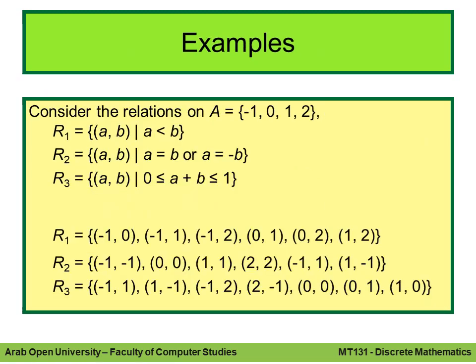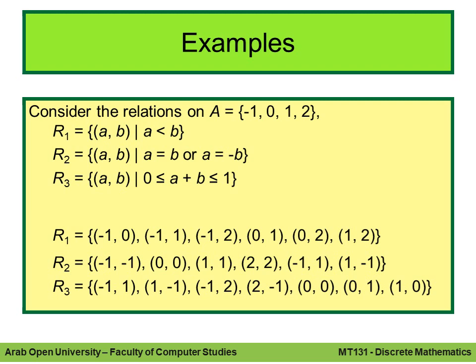Here are more examples. A relation can always be written by describing the relation. If you have a finite number of elements, you can also list all the ordered pairs in the relation. The set A has the numbers -1, 0, 1, and 2. These are 3 different relations, and we will look at some of them and list all the elements in the relation.